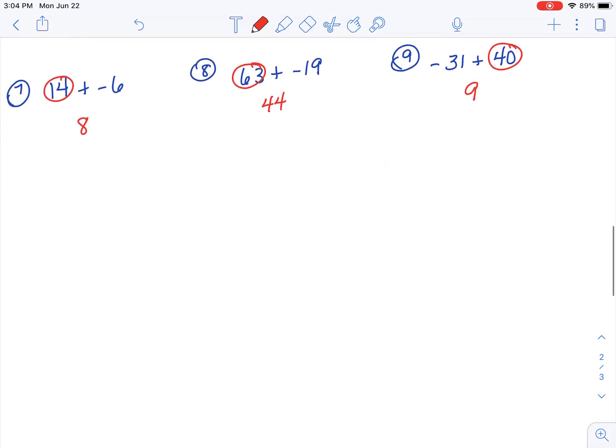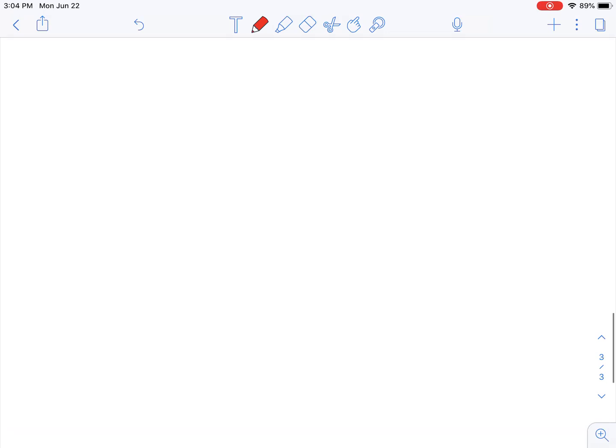And there's one more thing I want us to practice. It's multiplying 3 numbers, factors.